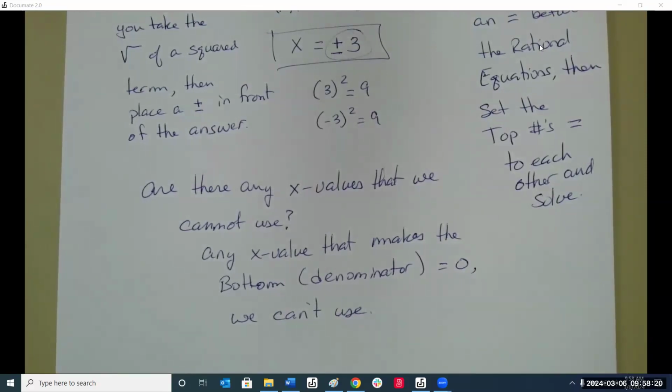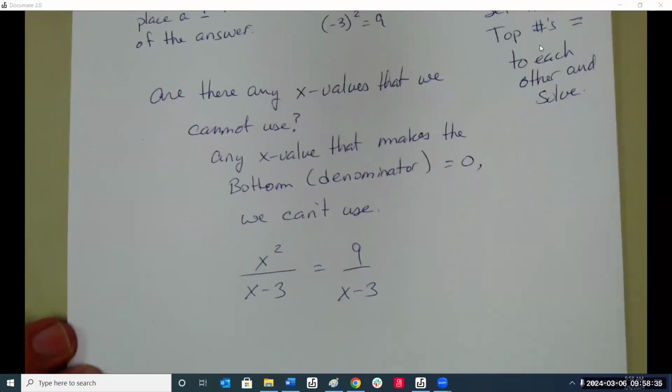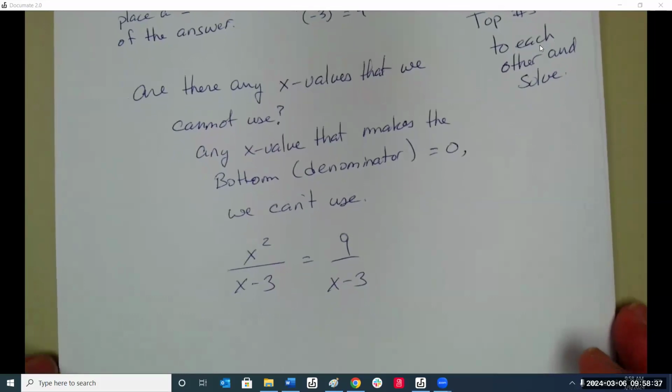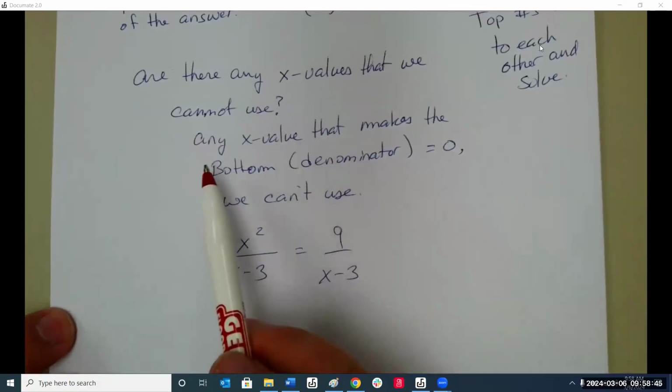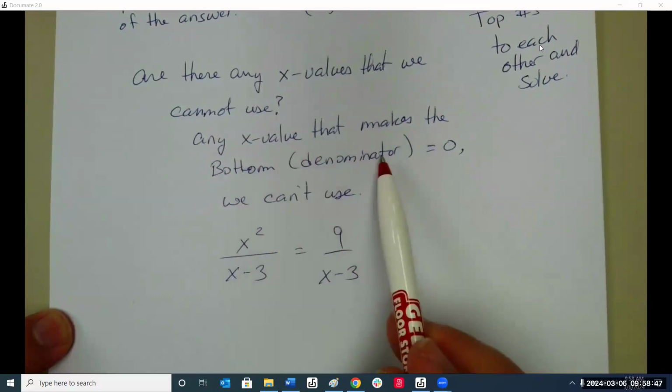So what is our limitation? What x values can we not use? Remember, our equation was x squared over x minus 3 equals 9 over x minus 3. So what limitations do we have? What can x not equal? Any x value that makes the bottom equal to 0.